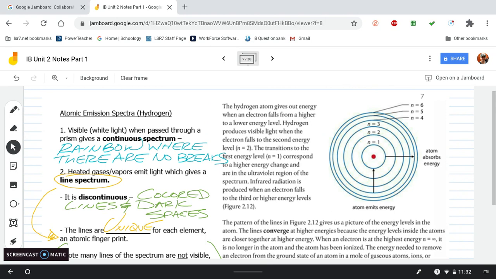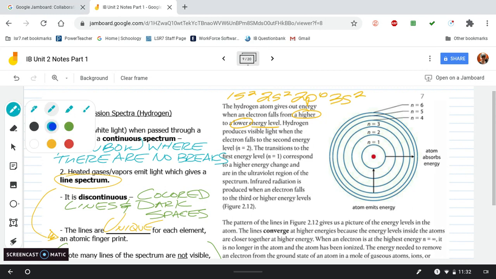So what they're saying here is that a hydrogen atom gives out energy when an electron falls from a higher to a lower energy level. We're going to be talking electron configurations here, stuff that you did last year, like 1s2, 2s2, 2p6, 3s2, etc. Well, the energy levels are these rows.